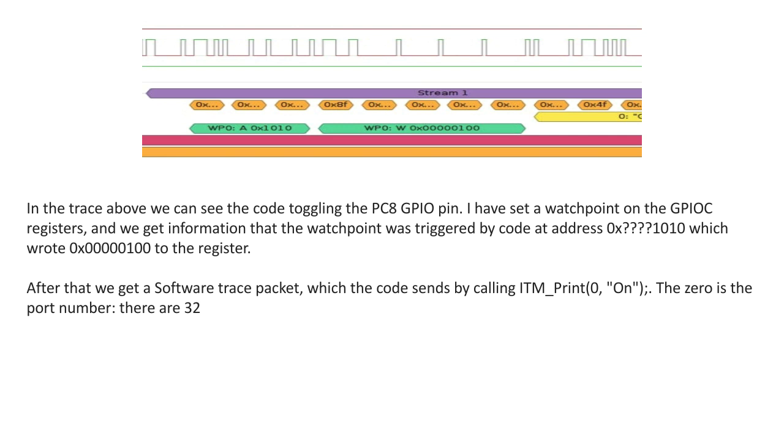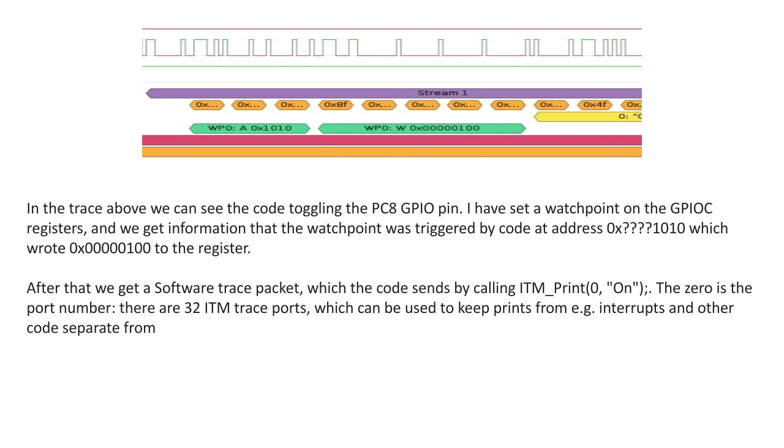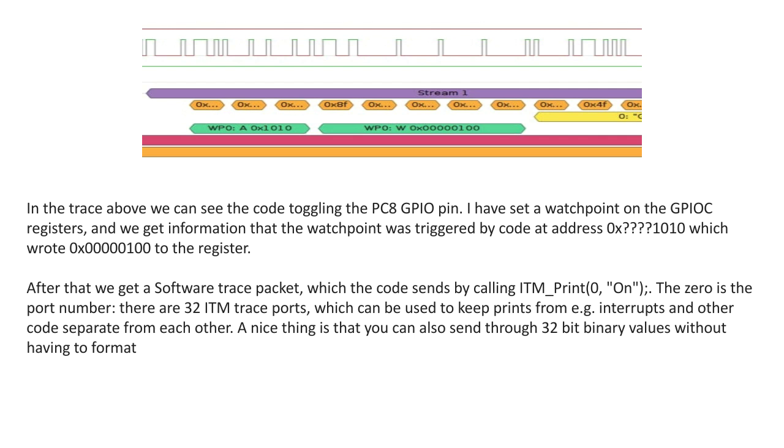A nice thing is that you can also send through 32-bit binary values without having to format them as text. There are no interrupts visible, so the current mode is kept as thread, that is outside interrupts. Also the PC sampling does not occur during this zoomed in view, so the current location doesn't change.